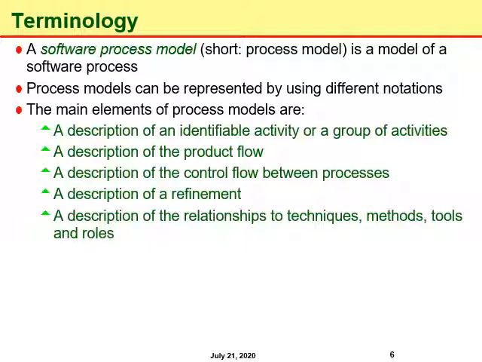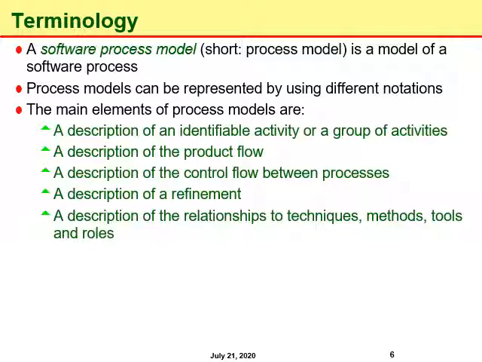Then the next element is a description of the refinements, that is, the definition of a hierarchy of a process. And the last element is a description of the relationships to techniques, methods, tools, and rules.